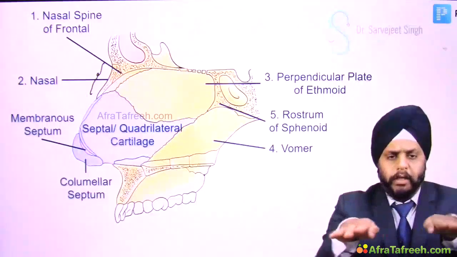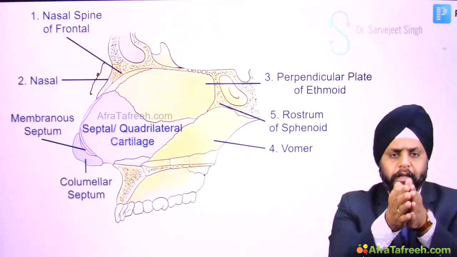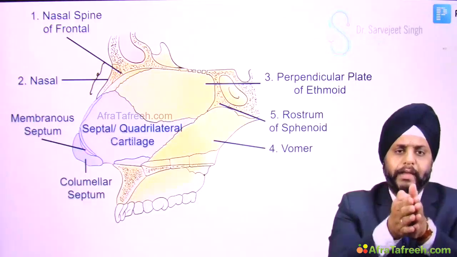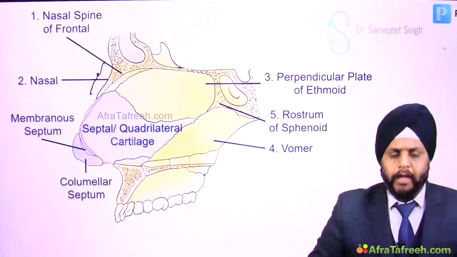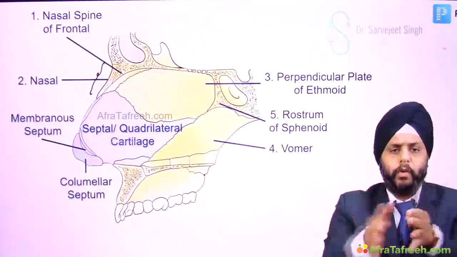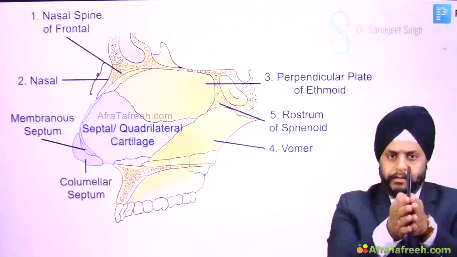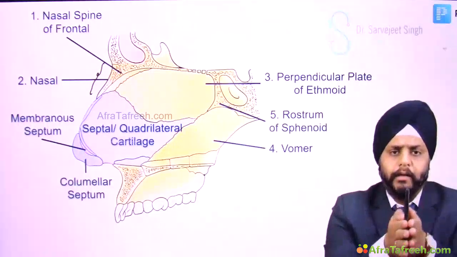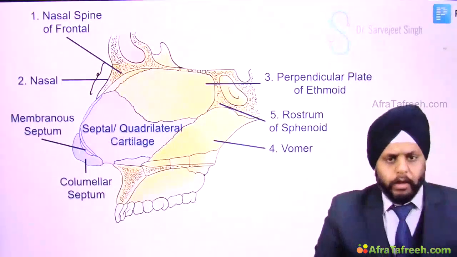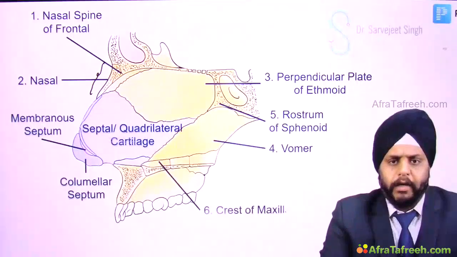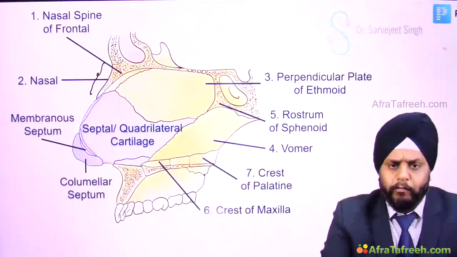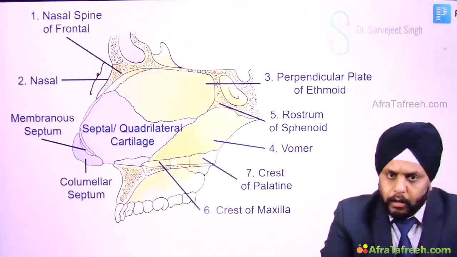This bony elevation is known as the crest, and this crest will hold the septum like this. So the septum is held by the crest. Inferiorly we have the crest of maxilla and the crest of palatine bone, right?